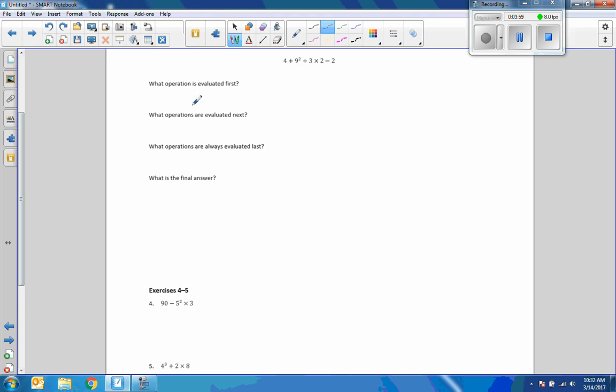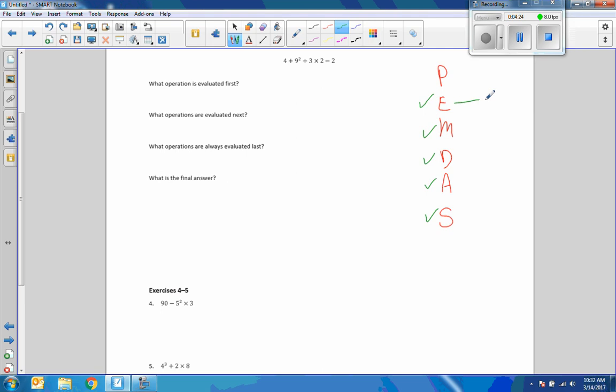Here's another example. Okay, I'm going to write the rule over here again. I'm going to write PEMDAS. I'm going to put a check mark next to what we have. We have addition, check. We have an exponent, check. We have division, check. We have multiplication, check. And we have subtraction.